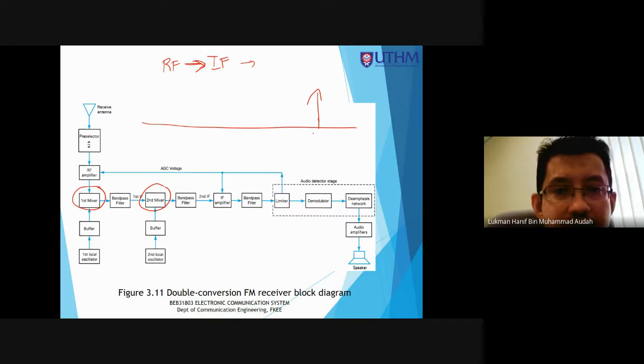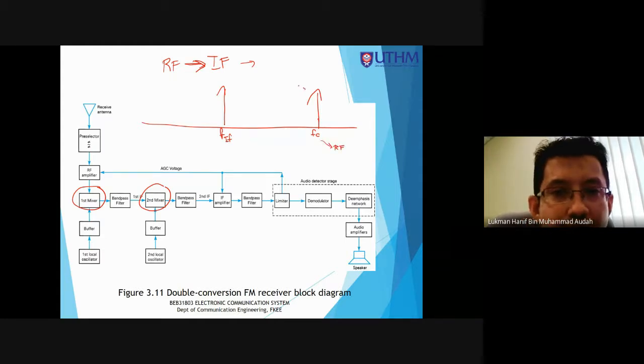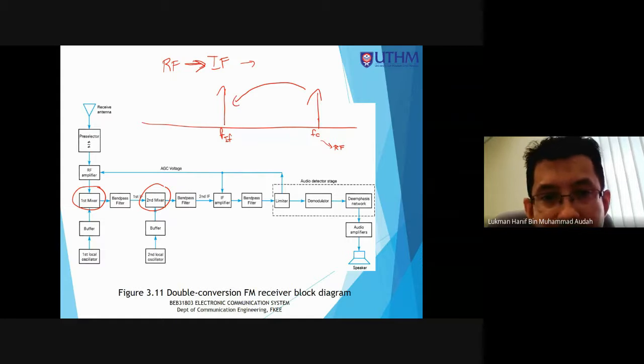So this is FC. This is the RF frequency, and here is the IF. So this FC is actually the RF frequency. So dia akan turun kepada FIF, which is center at 455 kHz. Ini kita belajar masa AM sebelum ni kalau you remember.